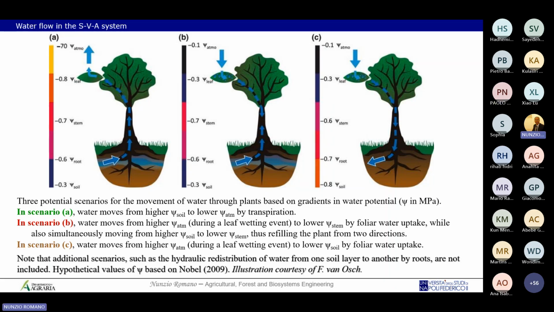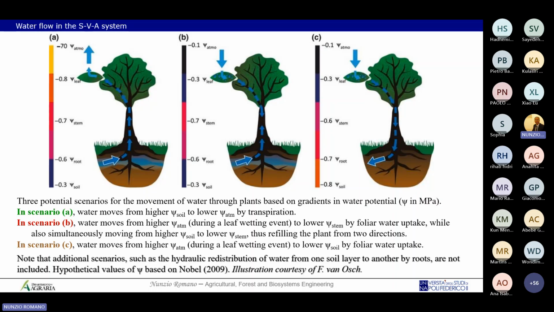But the mycorrhiza, the fungi that in most of the cases are around the root, can prevent the water from exiting from the root to the soil, because the difference in the total energy is relatively low. As you can see in scenario C, you have minus 0.8 and minus 0.7.